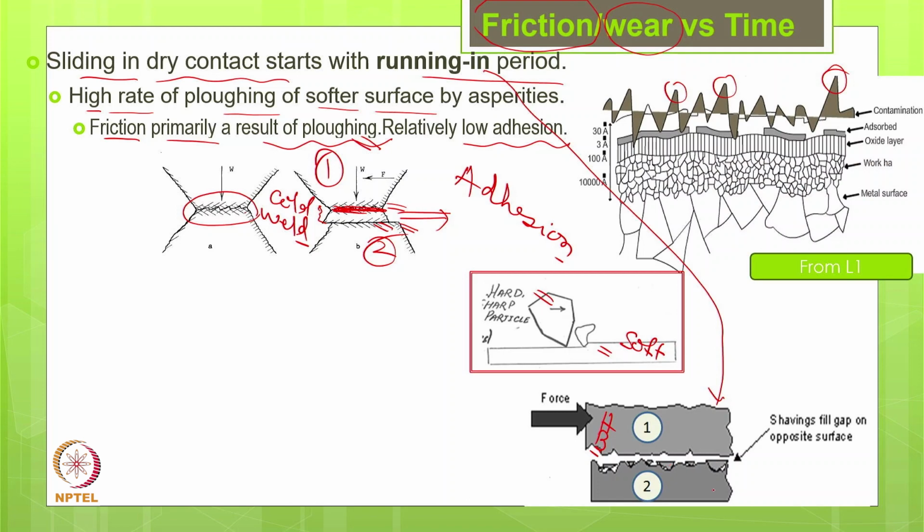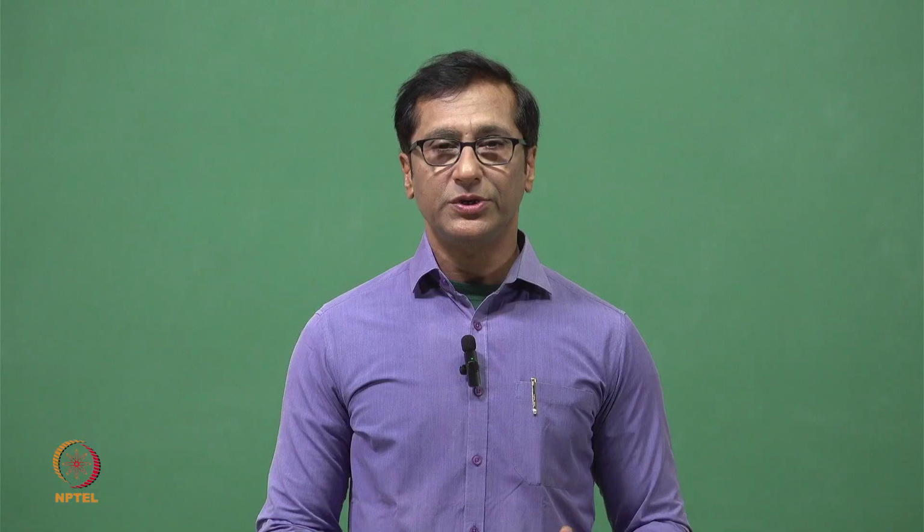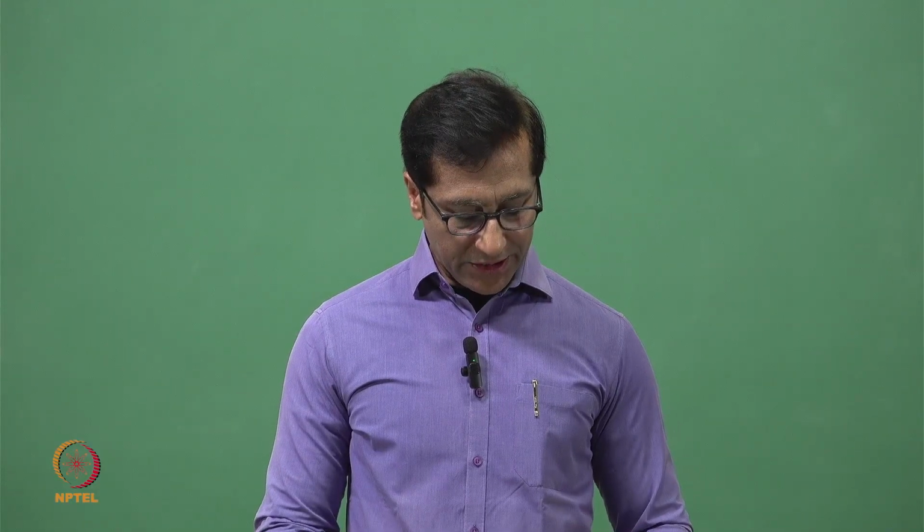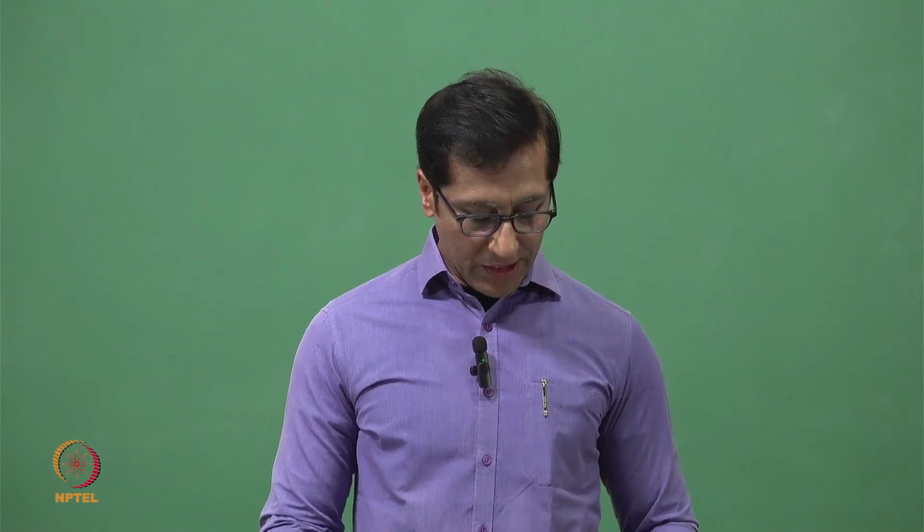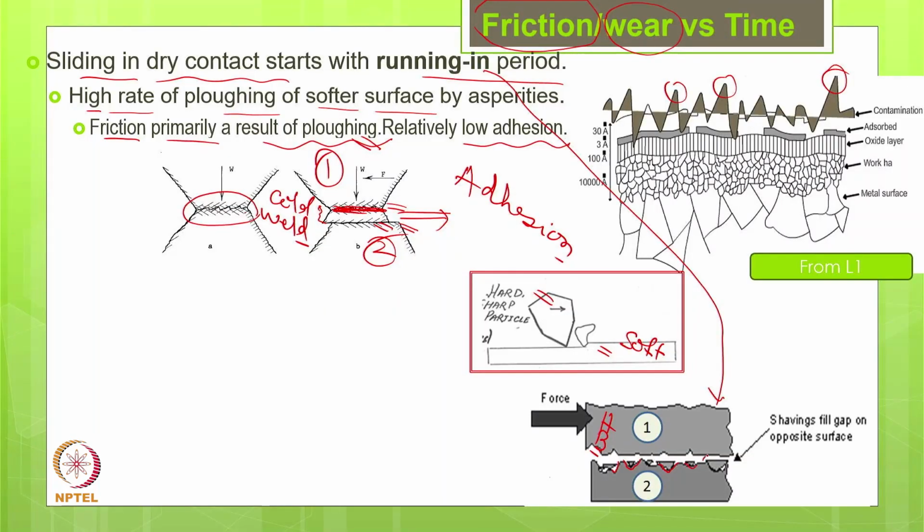What will happen is that asperities will try to dig some grooves in surface 2, but after some time these asperities act like a cantilever, and then they get shaved and removed from surface 1. Quite possibly they will try to fill the grooves they made in the earlier 1000 cycles or 10,000 cycles.